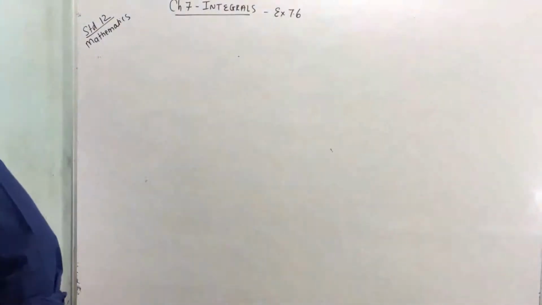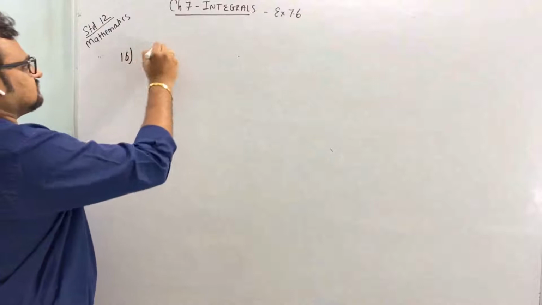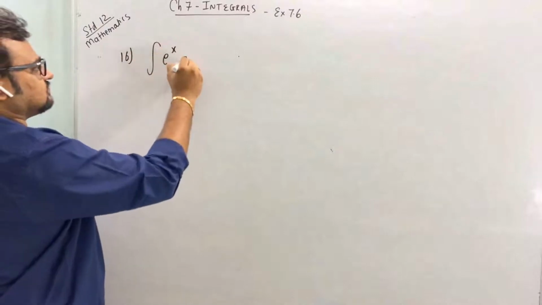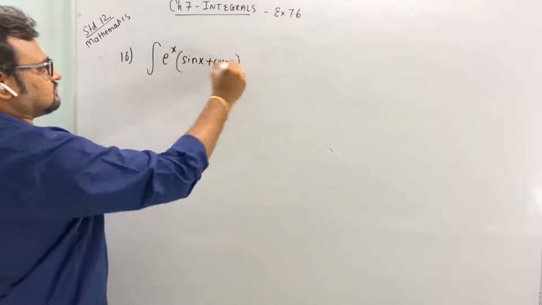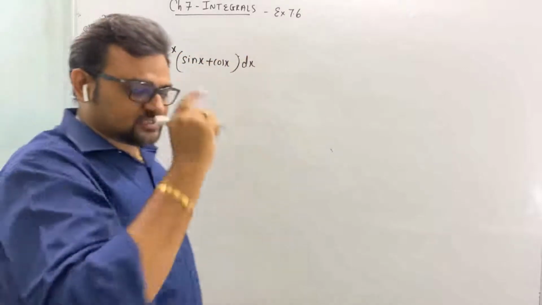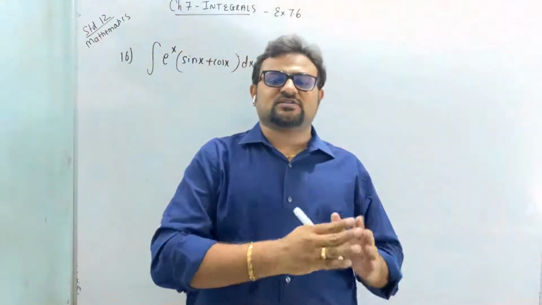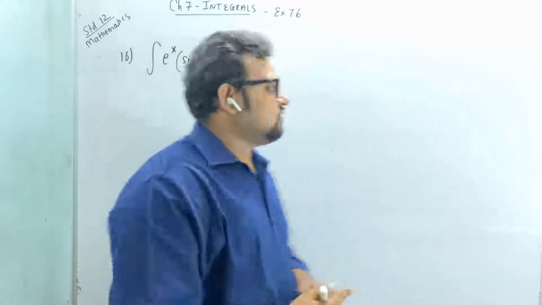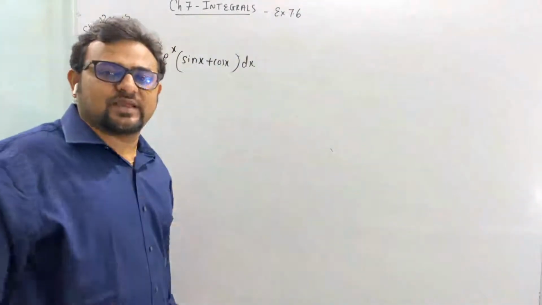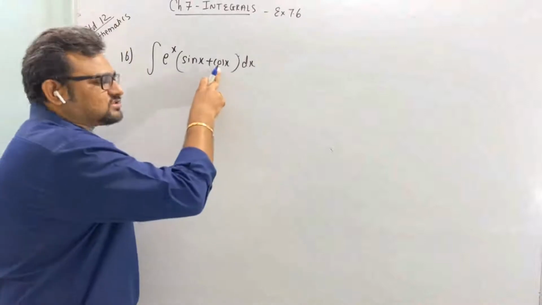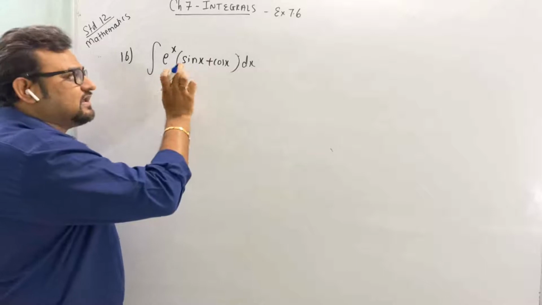We'll start with question number 16: e raised to x times sin x plus cos x. Now, if I take any one as f(x), the other one will be f'(x). If I take cos as f(x), then its derivative is minus sin x, but here we are having plus.